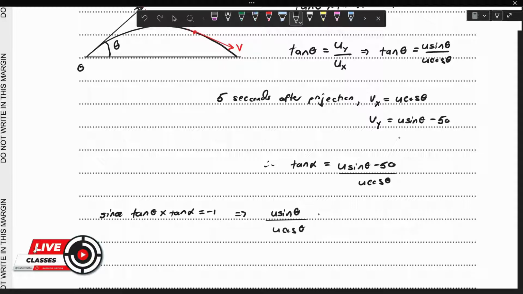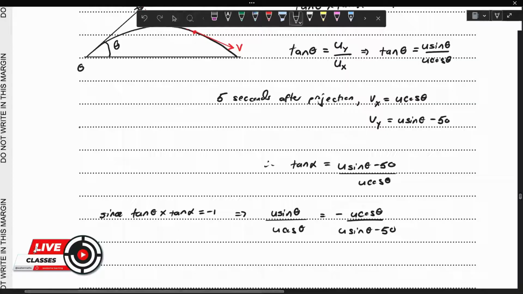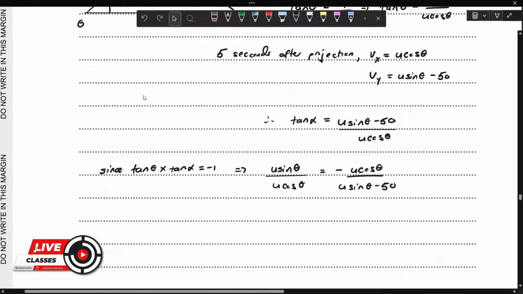We can also say it's equal to minus u cos theta over u sine theta minus 50. It's the same thing. I've just gone a step ahead to move tan alpha to the right by dividing both sides by tan alpha, so it becomes minus 1 over tan alpha, a reciprocal. I hope this part is fine. Yes, it's fine. Okay, good.